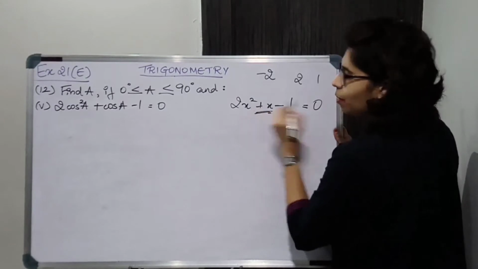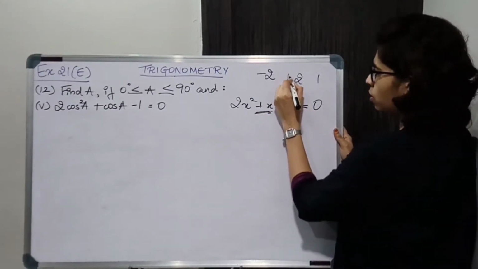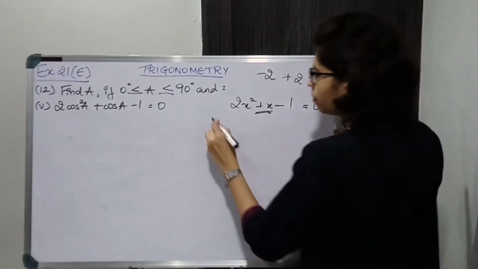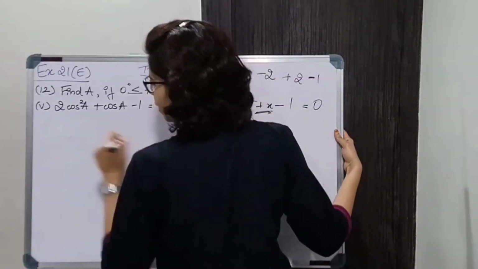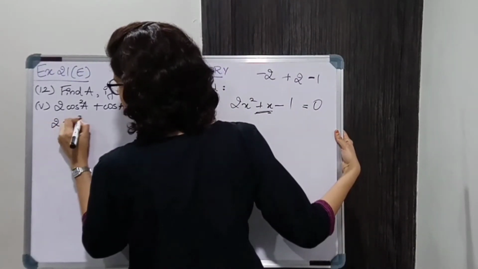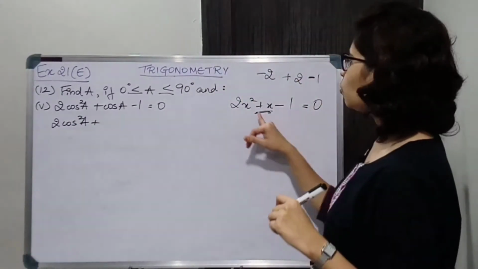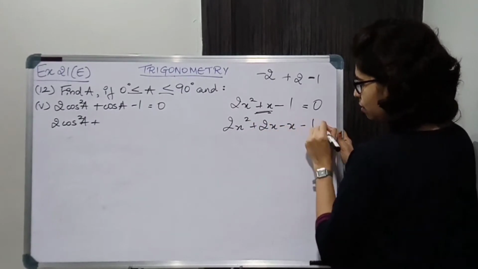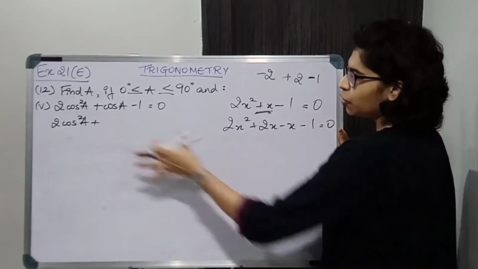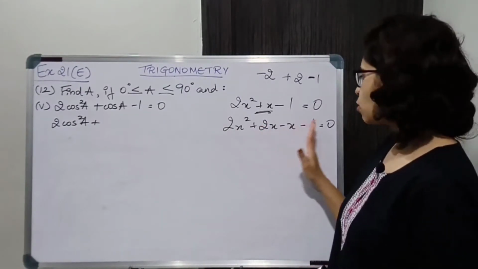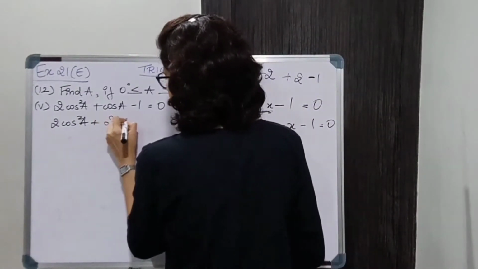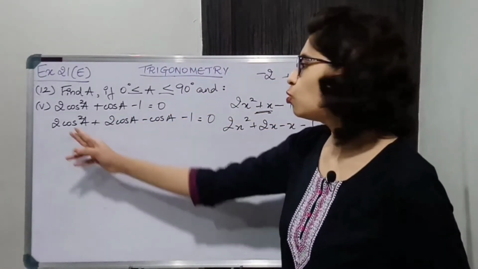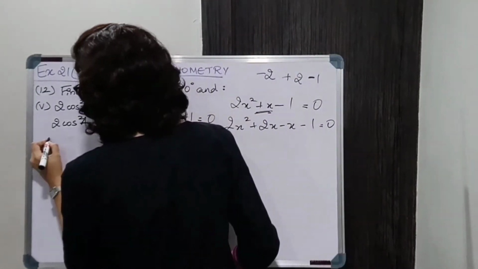Here we have plus, so the bigger number gets the positive sign and the smaller number gets the negative sign. So we'll apply it over your 2 cos square a plus, how would you have written this? We write it as plus 2x minus x minus 1 equal to 0. So same thing over here, plus 2 cos a minus 1 equal to 0. Okay, 2 cos a is common in the first two, so we'll take it common.